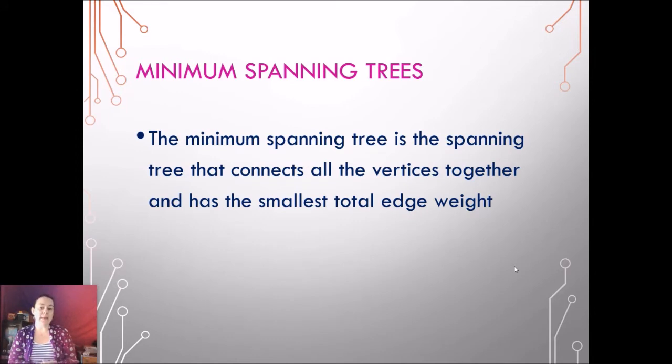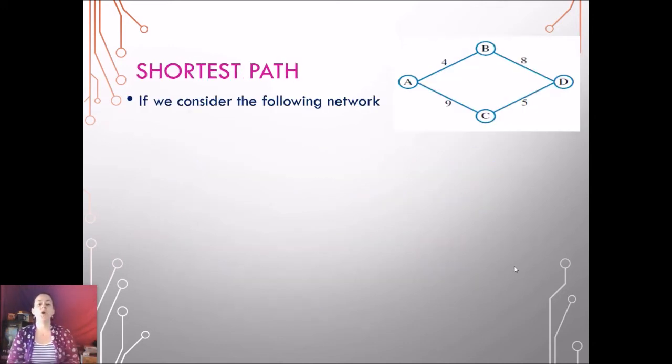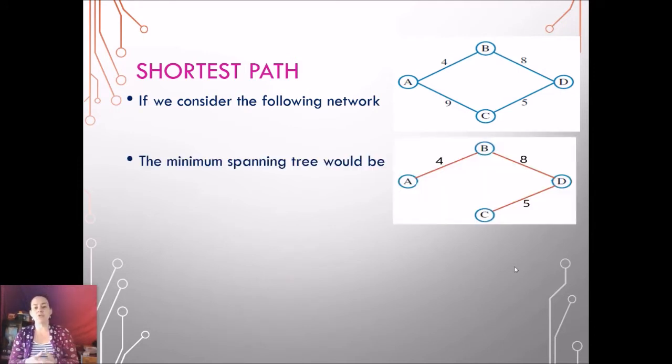The minimum spanning tree is the spanning tree that connects all the vertices together and has the smallest total edge weight. However, the minimum spanning tree does not always provide the shortest path between 2 points. So if we considered this network here, the minimum spanning tree for this network would be 4, 8, and 5.